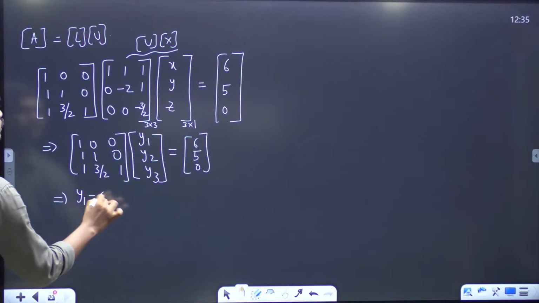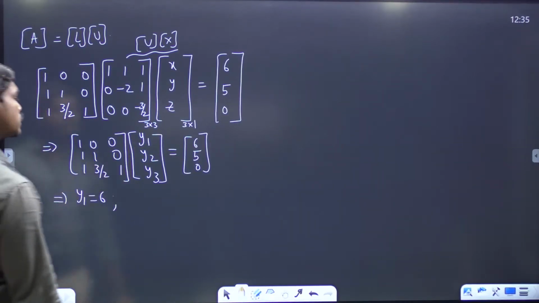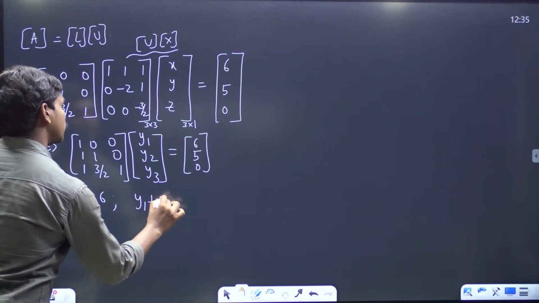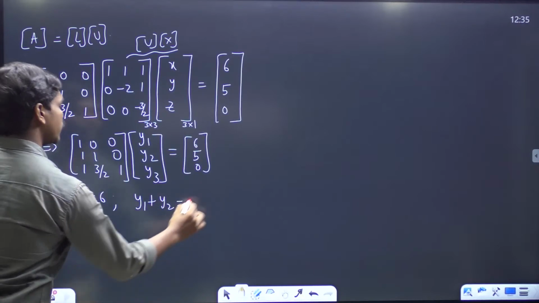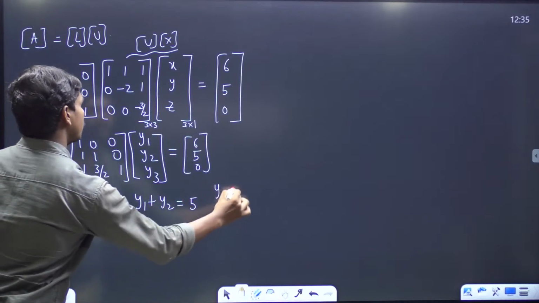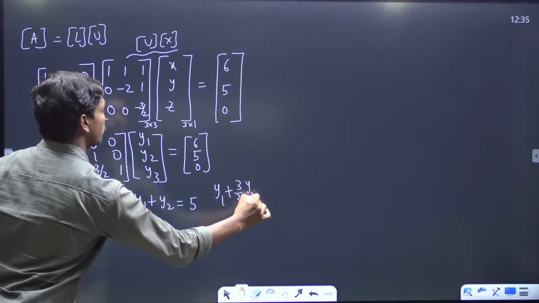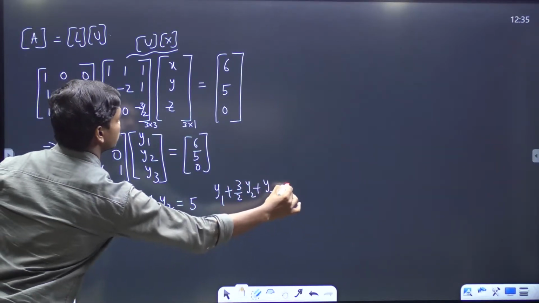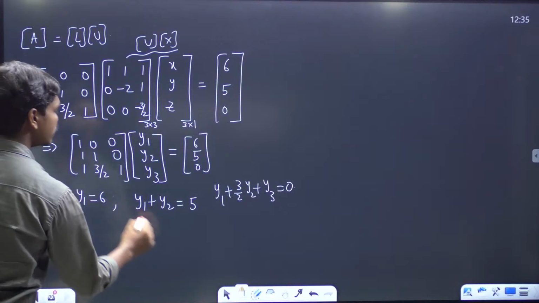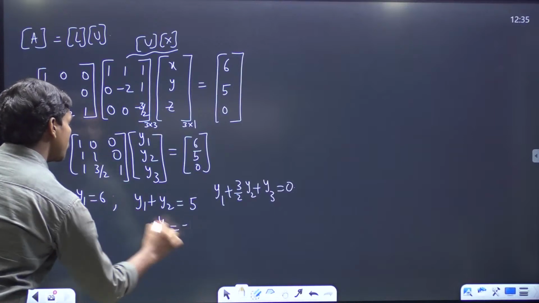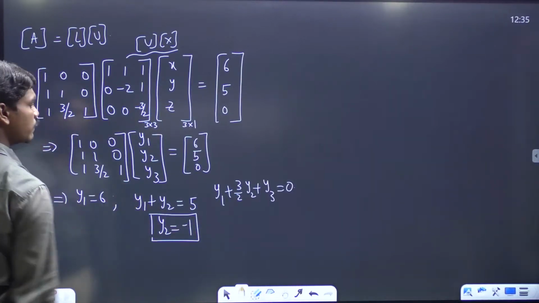Y1 is equal to 6. Y1 plus Y2 is equal to 5. Y1 plus 3 by 2 Y2 plus Y3 is equal to 0. This is what we have. So now if Y1 is equal to 6, Y2 is equal to minus 1, correct?